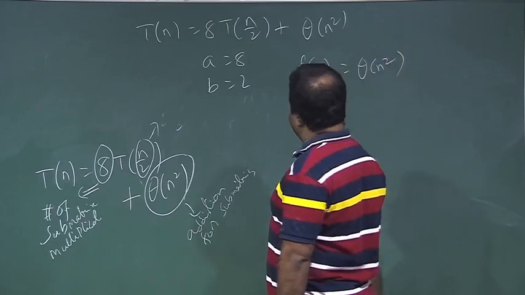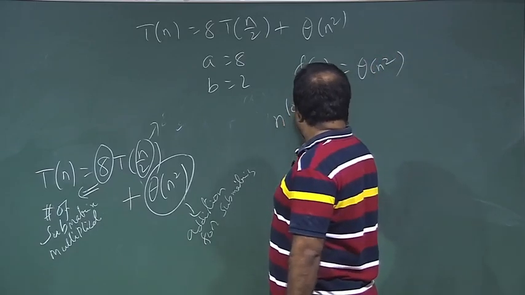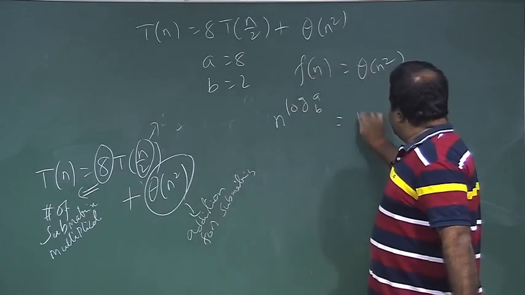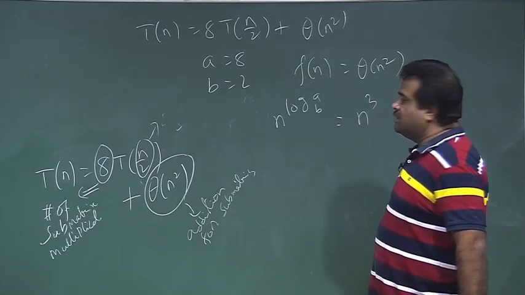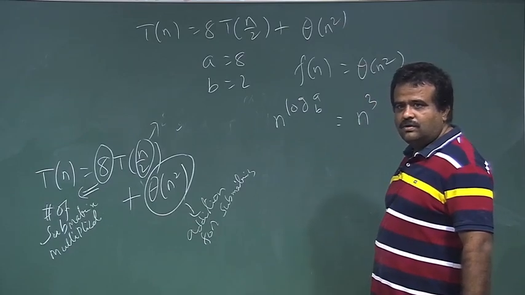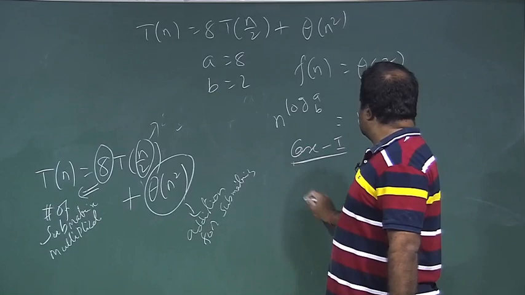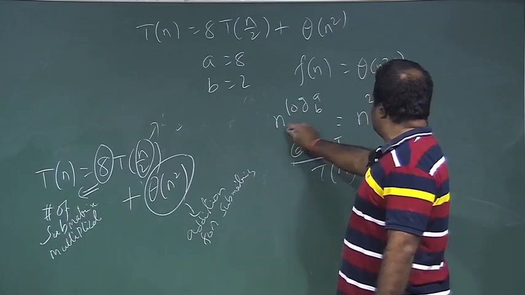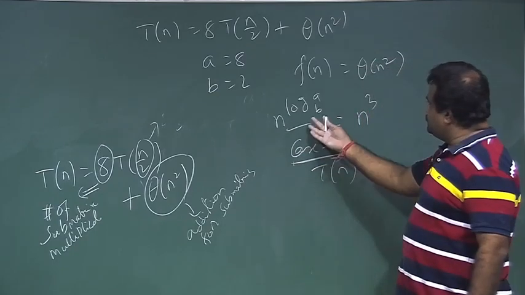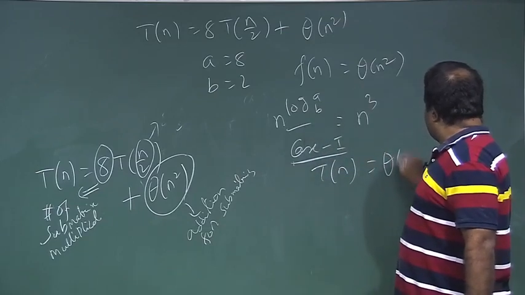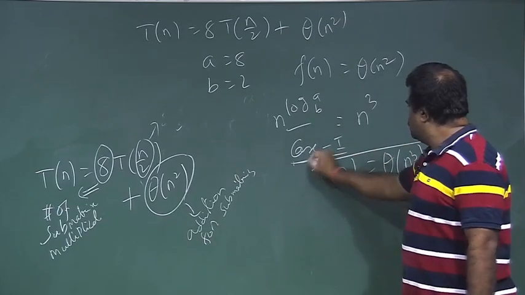Which case are we in? n to the power log A base B is basically n cube. So, we are in case 1. The solution is that this term is dominating, asymptotically polynomially faster than this one. So, this is order of n cube.